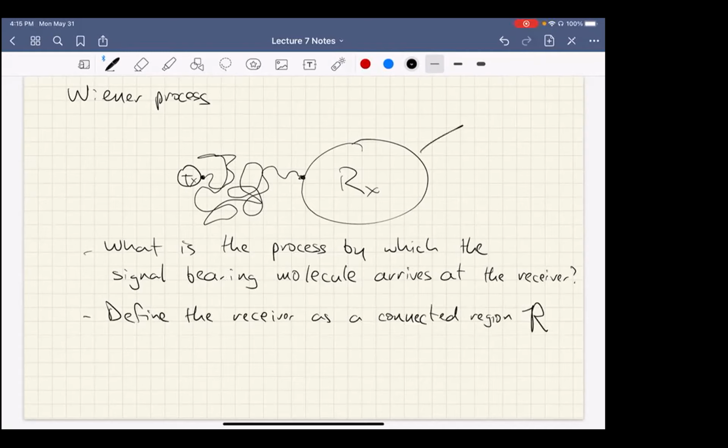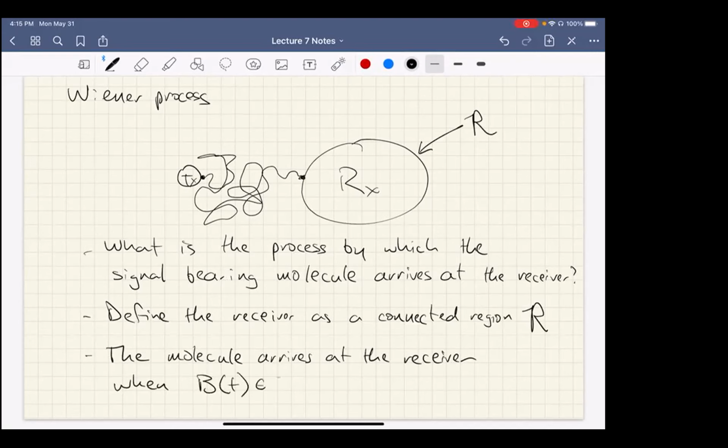So the receiver consists of a set of points, script R, and the signal bearing molecule arrives at the receiver when its Brownian motion, B of t, is inside that region R.